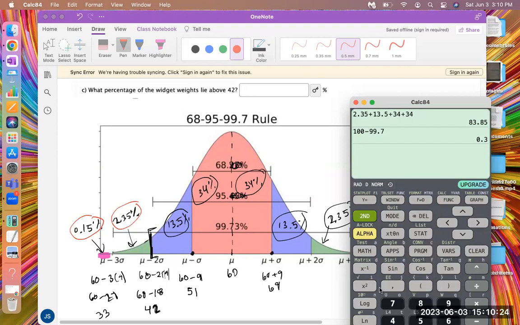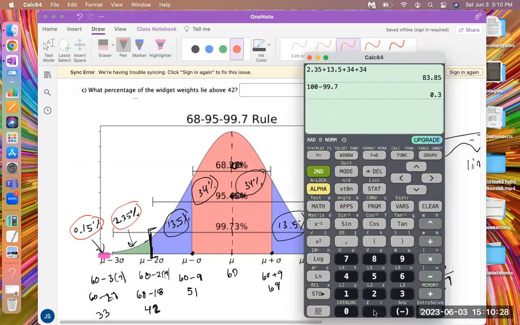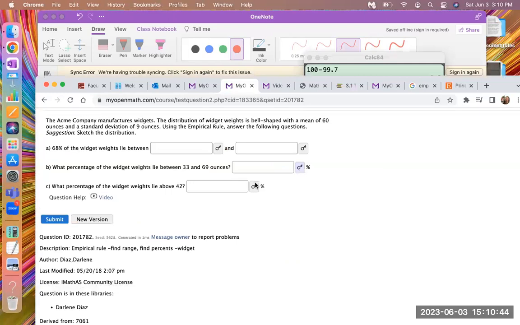So I'm going to add 0.15 plus 2.35. And that gives me 2.5, and then I do 100% minus 2.5, and that gives me the 97.5. And let's just double check that, and that's correct.